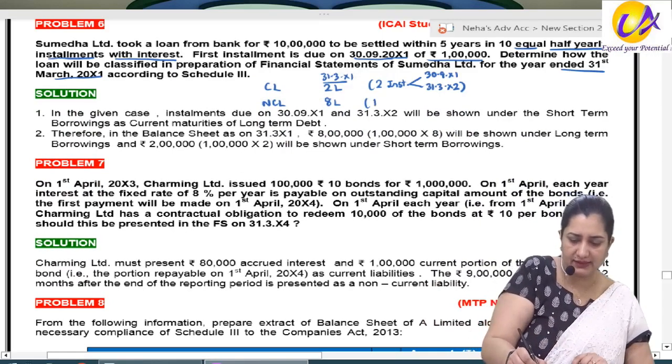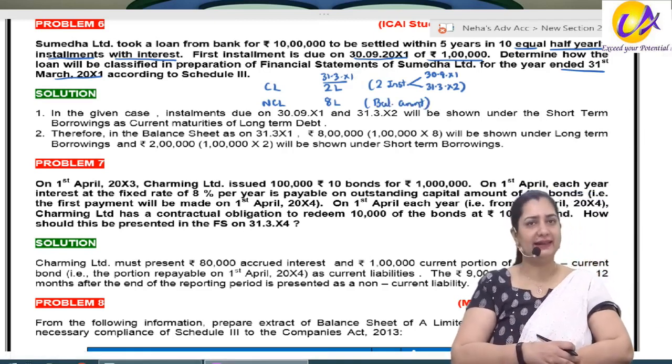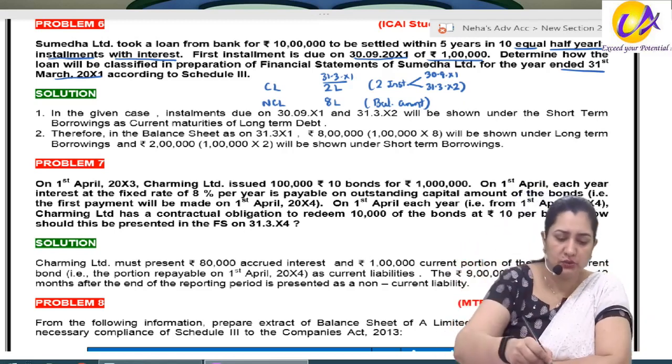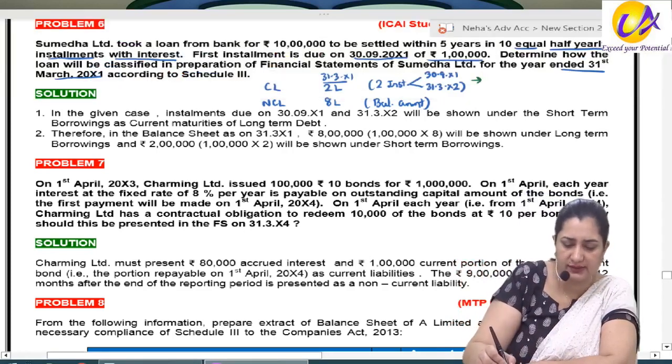So this will be the balancing amount. Total 10 lakh, out of which 2 lakh, 8 lakh like this. And how will you show this? You will show this under current liabilities, under short-term borrowings, right?